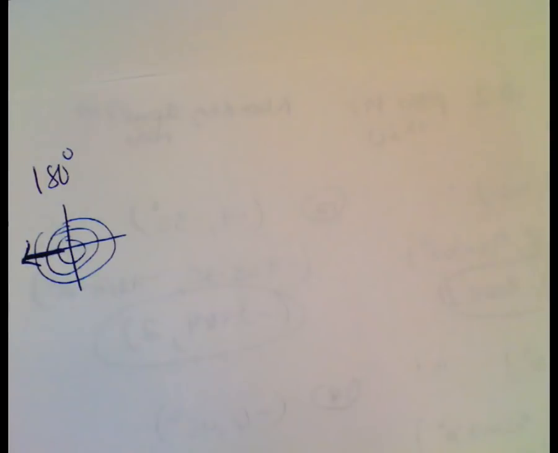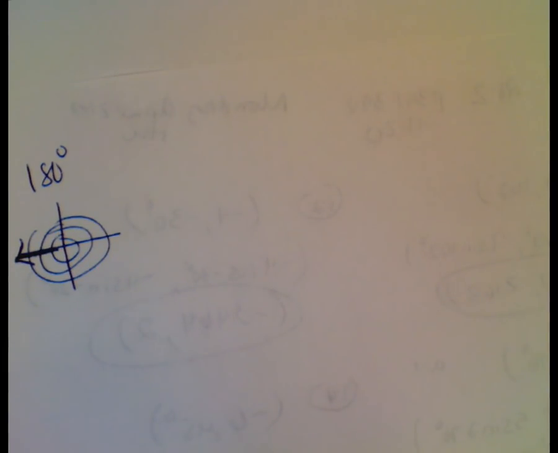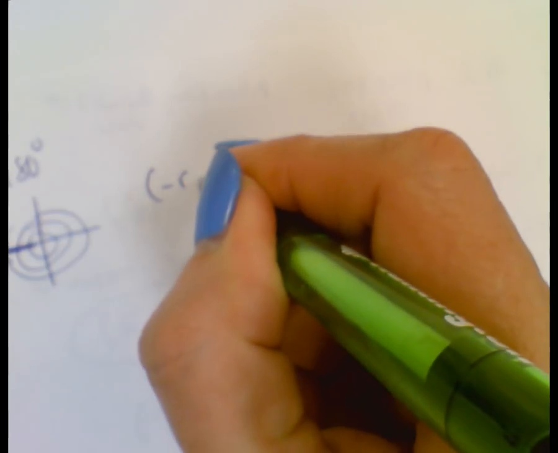18. If a point on a polar grid has a theta coordinate of 180 degrees, that goes this way, right? What can you conclude about the location of the point on a rectangular coordinate grid? Explain your reasoning. So basically, the r could be anything.